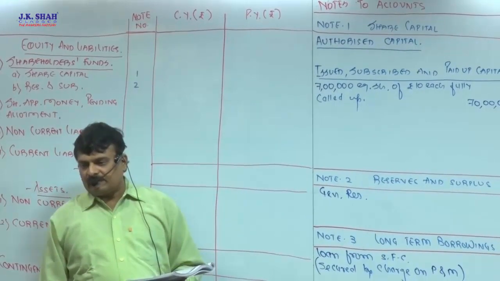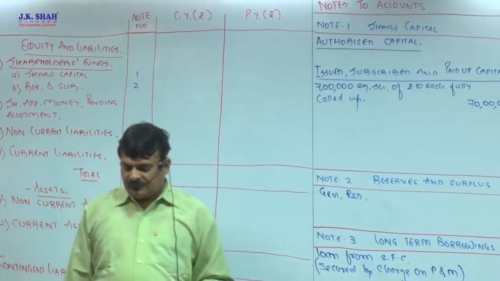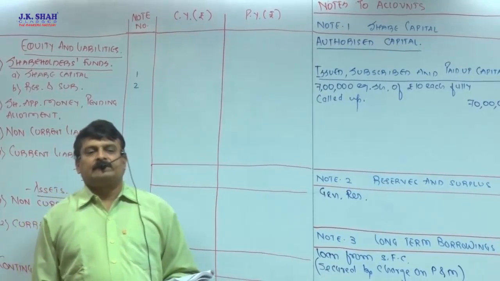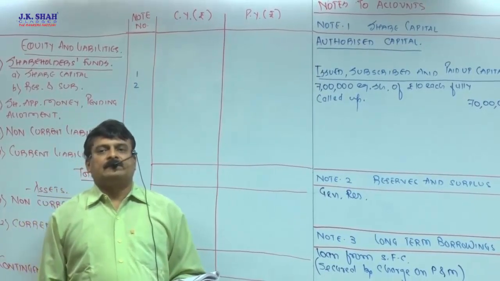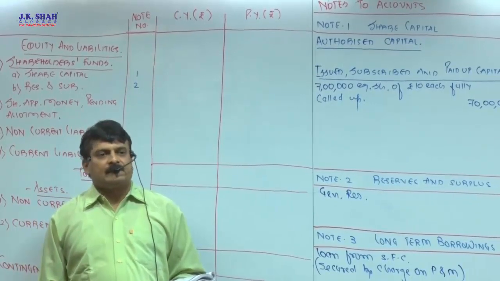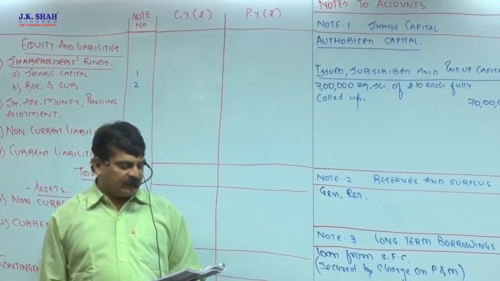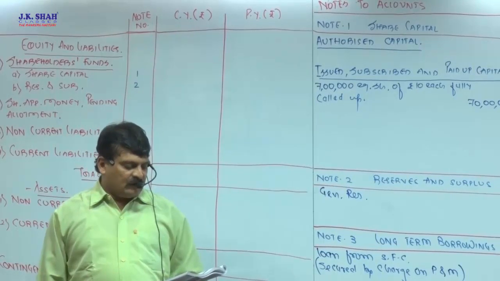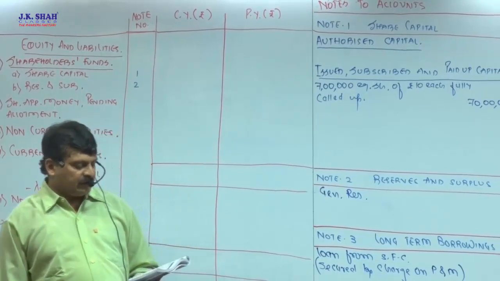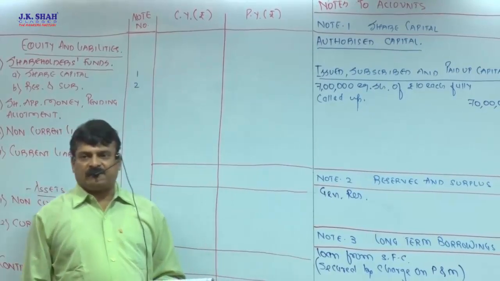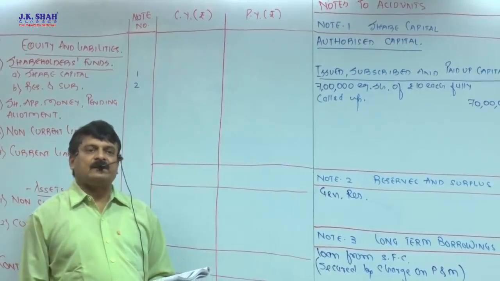Bracket, secured by charge on plant and machinery. All of you sure? Continue. Next. Loans unsecured long term, and there is an adjustment tick mark on that, right friends?